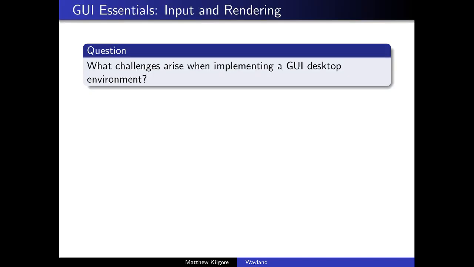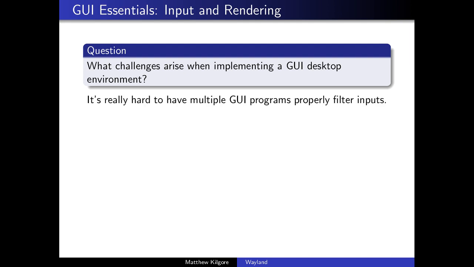Now, before we begin, let's motivate this question. What challenges arise when we're implementing a GUI desktop environment? Something like GUI on Windows or Mac, or if you're using GNOME or KDE, or anything of that sort on Linux. And two challenges came to mind for me.